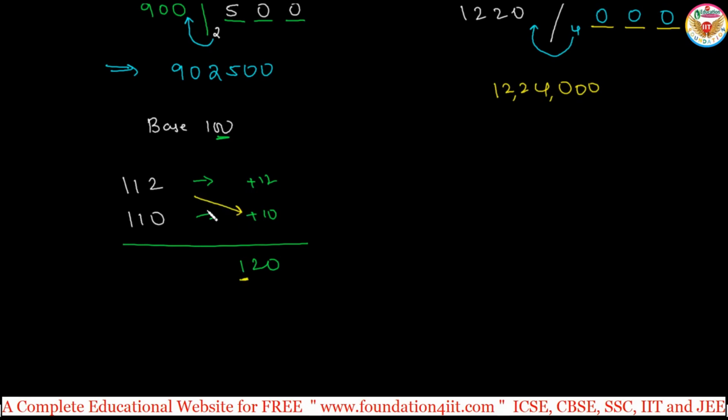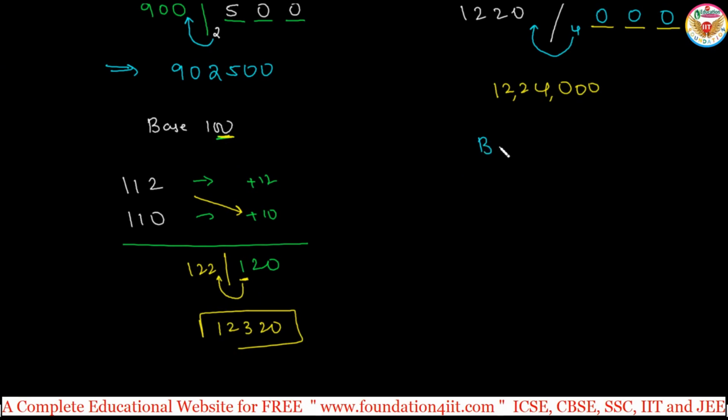When you are adding 112 plus 10, it is 122. This should be carried to this number, 122 plus 1. So 1, 2, 3, again next to 2, 0. Compulsory, according to the base number of zeros, that many steps only should be in RHS. If it exceeds, you can carry to the previous, to the LHS.